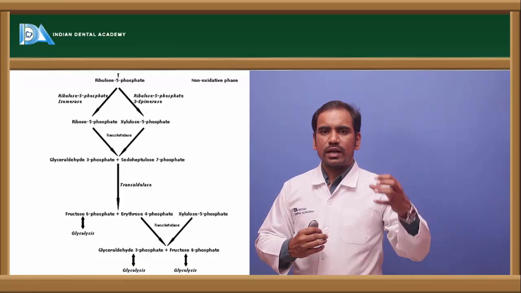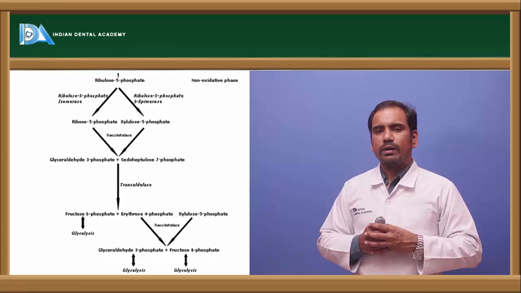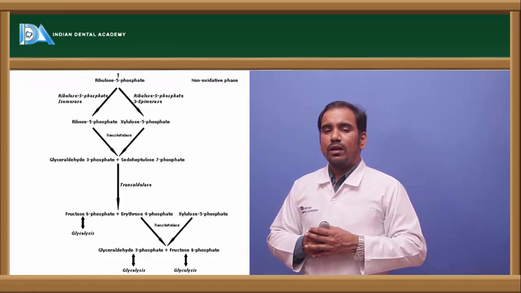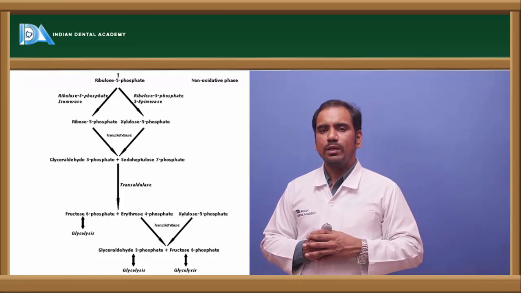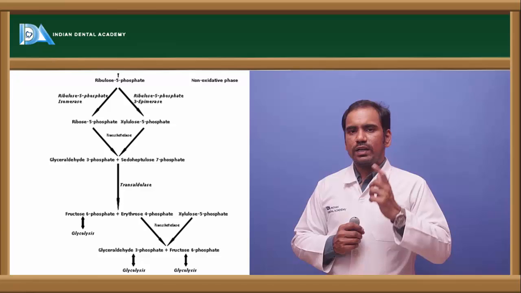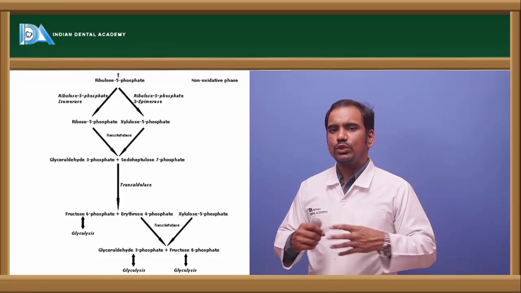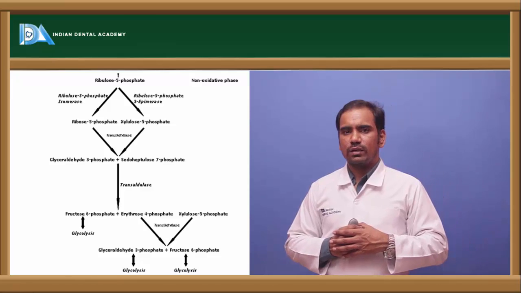5-phosphate. This ribose 5-phosphate and xylulose 5-phosphate react together by the action of the enzyme transketolase, which requires the coenzyme thiamine pyrophosphate, and they are converted into sedoheptulose 7-phosphate and glyceraldehyde 3-phosphate.